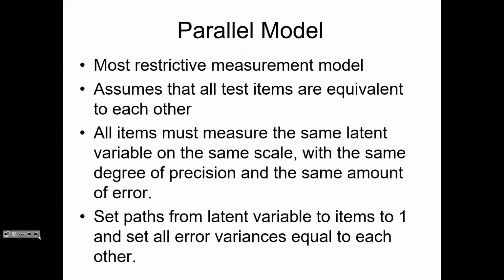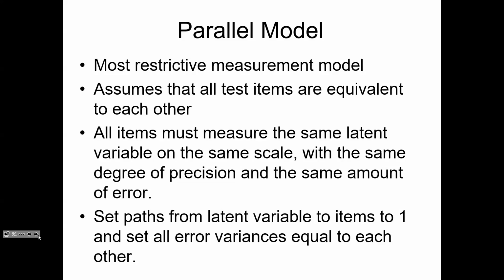A parallel model doesn't say that the items are exchangeable with each other in the sense that they have equal difficulty. It's just that only the difficulty varies. Everything else about the item is the same. They're equally predicted by the latent variable. They are measured with the same precision. They have the same amount of error. And so the only thing that's really different about the items is that one item is more difficult than another.